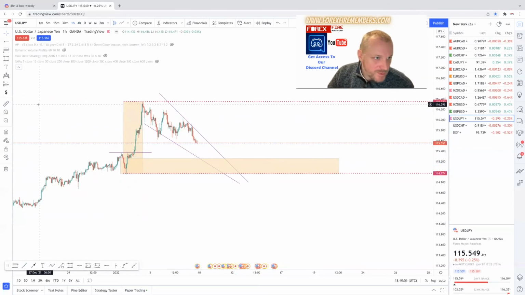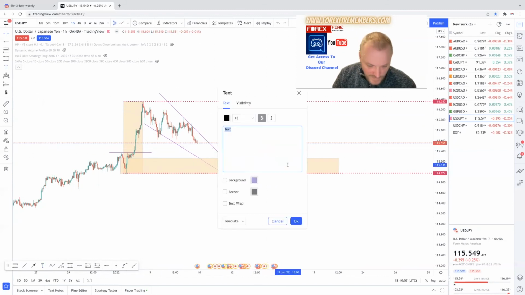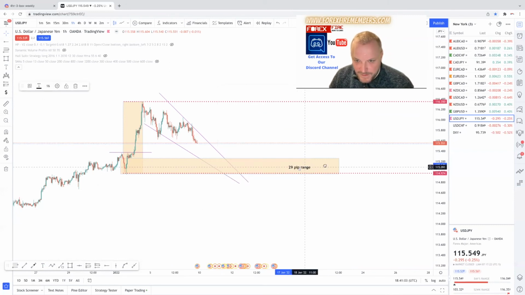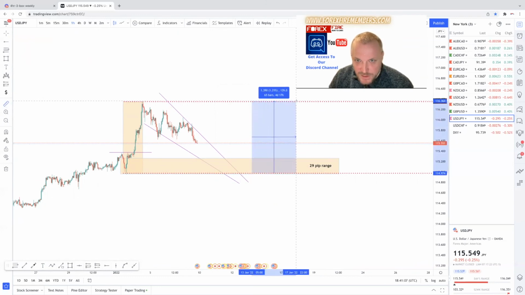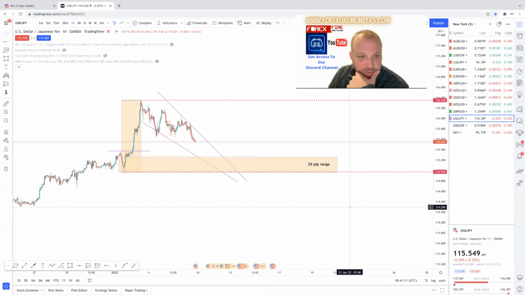Again, 20 odd pips. So it's 29 pips. 29 pip range. So that's up there. Is this going to be on 100 pips, do you think, or 139? Right, so 140 pip range there.